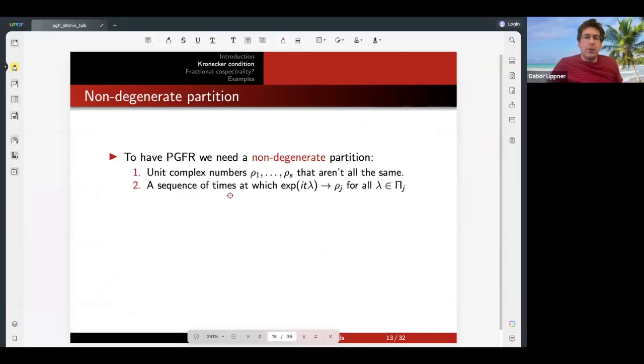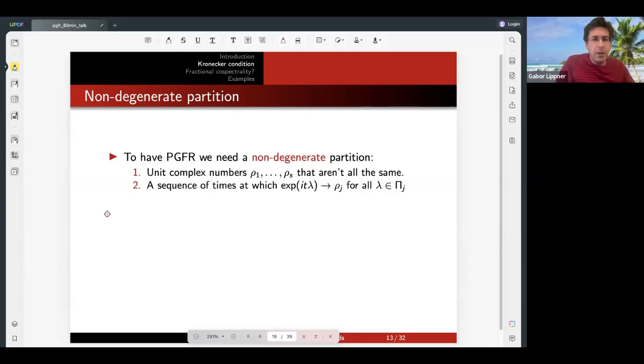Okay, so I want to get to characterizing pretty good fractional revival. So far, we only identified that there is this partition that is encoded in the system, and that at this time t, or a sequence of times, these e to the it lambdas must converge to some unit complex numbers in each group. But now comes the part where we have to exclude the identity matrix again.